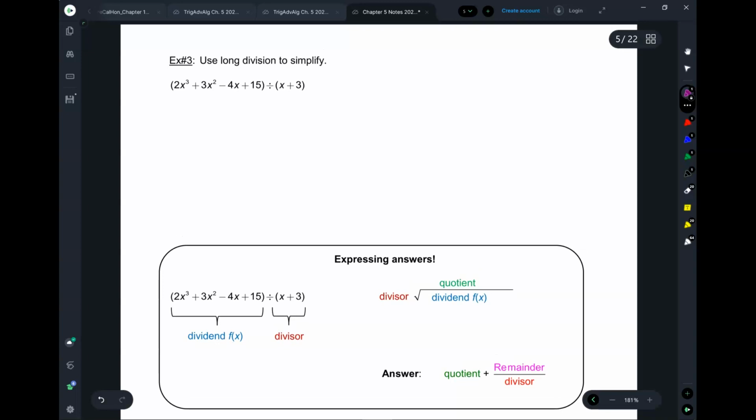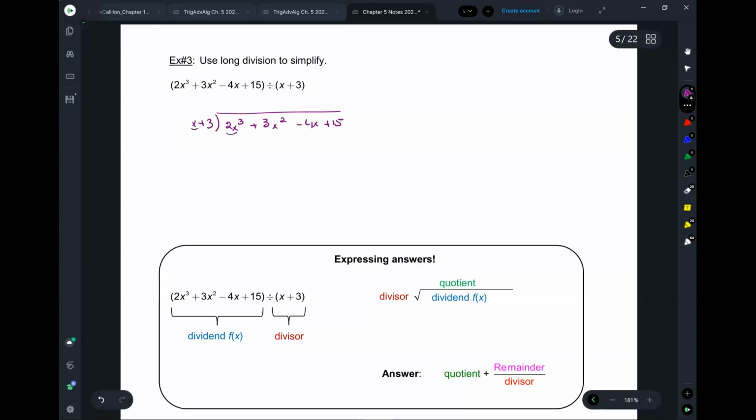Okay, so take a look at this one. Let's use long division again. So now we've got some more terms. Okay, so x plus 3 goes here, and then 2x cubed, 3x squared, negative 4x plus 15. First term divided by first term gives me what?